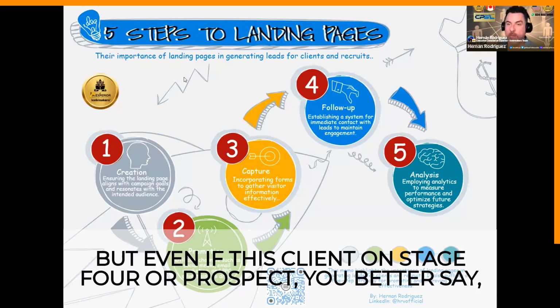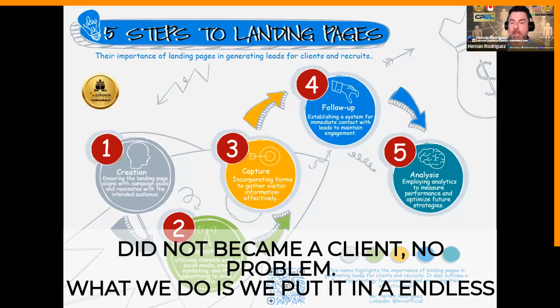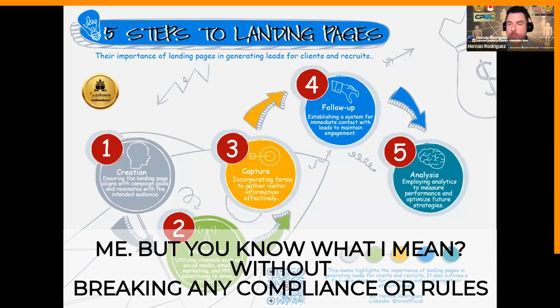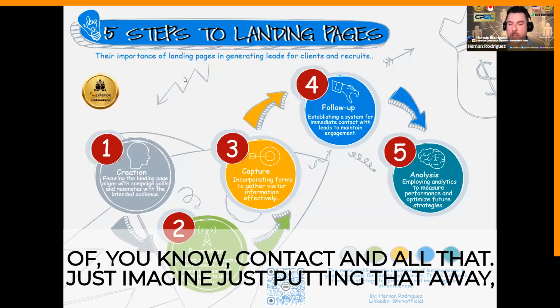But even if this prospect on stage 4 did not become a client, no problem. What we do is put them in an endless cycle of follow-up, unless they say, stop contacting me, and of course without breaking any compliance rules of contact.